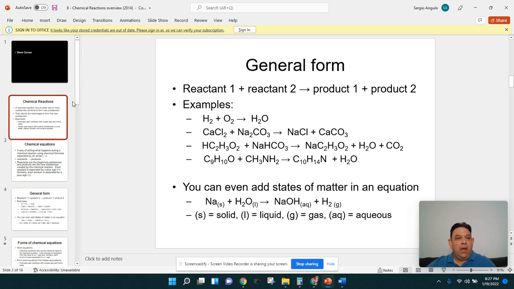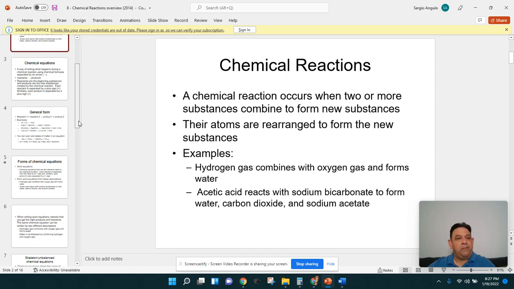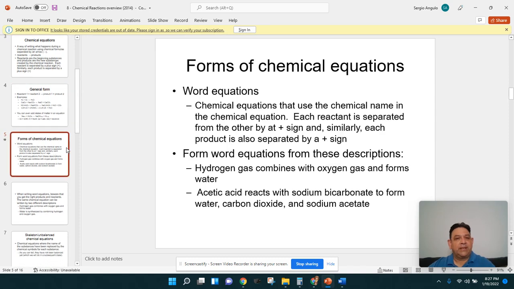Okay. All right. So let's see the next slide. Now, there are a couple of forms of chemical equations. The main reason we put chemical equations together is so that we don't have to write out the whole description. Sometimes the description of a chemical reaction can take two to three lines, right?